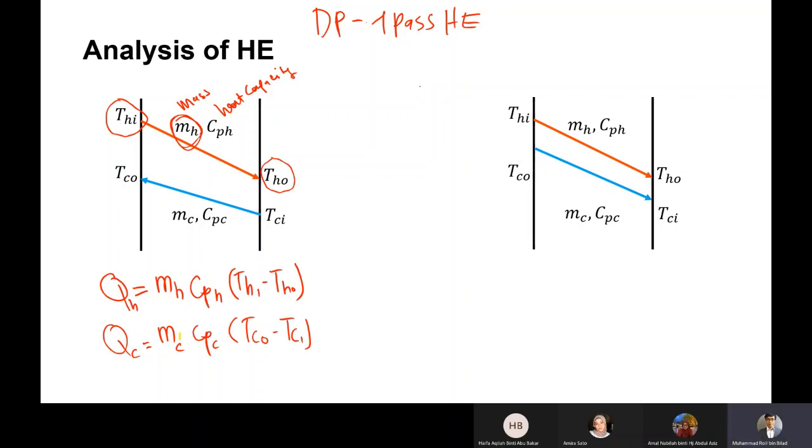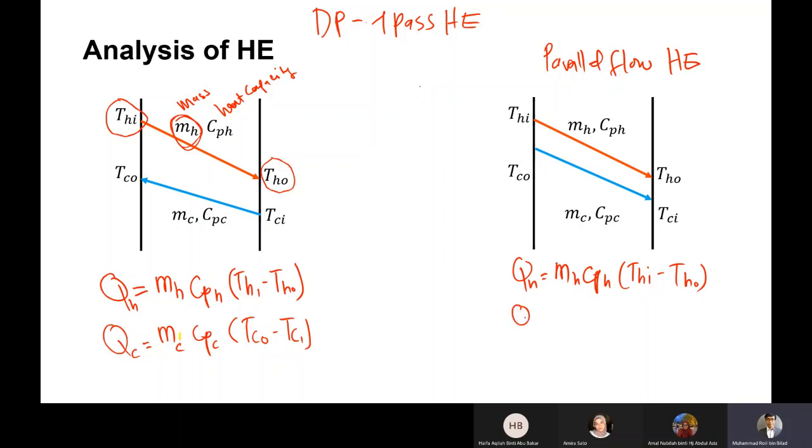Counterflow heat exchanger. You can also have a parallel flow heat exchanger like the one on the right side. And it's also the same. Here we have Q hot equal to M hot, Cp hot, T hot in minus T hot out.